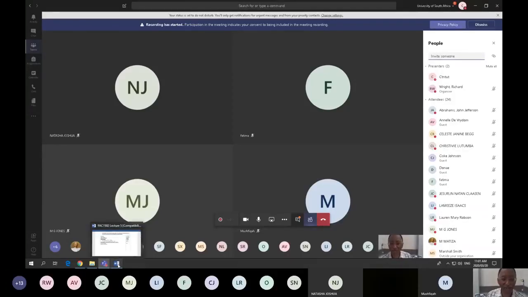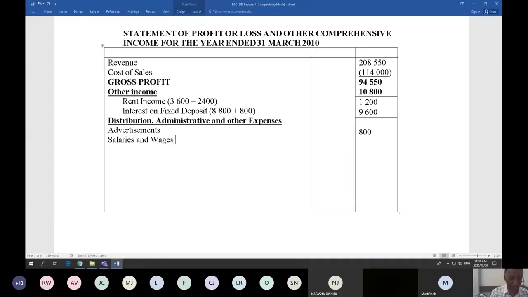Therefore, if we are going to show our expense for salaries and wages, we have paid already 34,800. That amount comes from the trial balance. According to our adjustment, there is still 4,500 rand that we didn't pay, and that will result in an expense for salaries and wages of 39,300 rand.